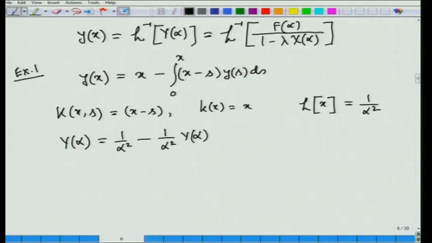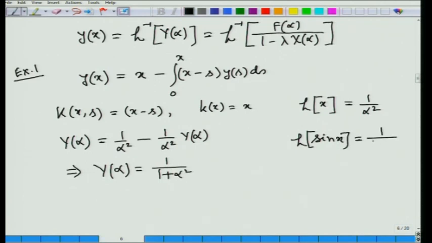So, solving for Y(alpha), we find Y(alpha) equal to 1 by 1 plus alpha square, and from the table we can find L of sin x, the Laplace transform of sin x, is equal to 1 by 1 plus alpha square, and hence L inverse of 1 by 1 plus alpha square is equal to sin x.